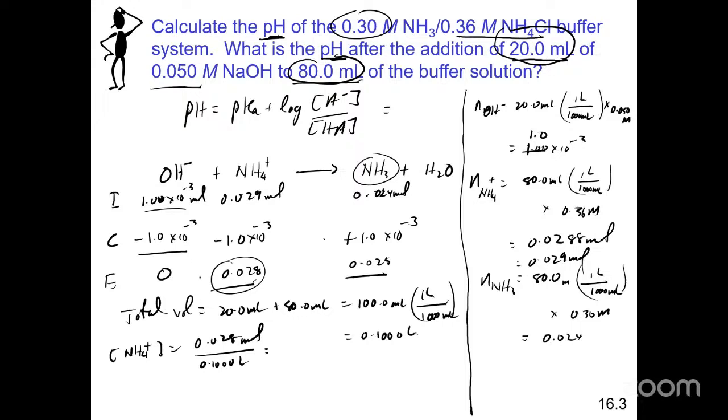That's going to be equal to 0.28 M, and the concentration of NH3 will be equal to 0.025 moles divided by 0.1000 liters, and that will give 0.25 M. So now we have the molarity of the ammonium, we have the molarity of the ammonia, and we can plug those values into the pKa expression. Where am I going to fit this? Okay, let me do this here.